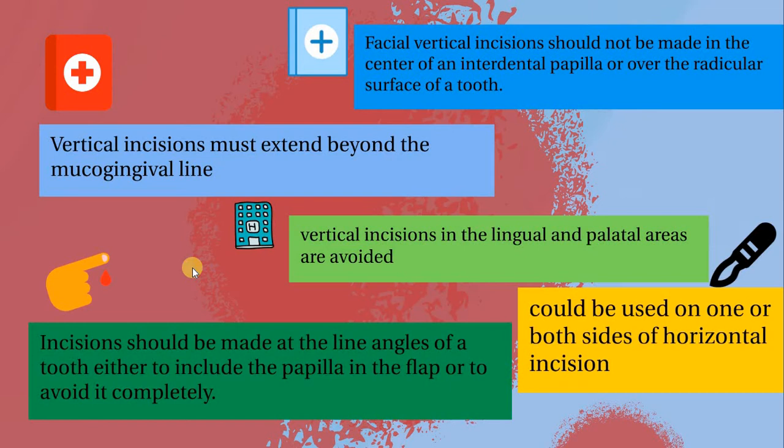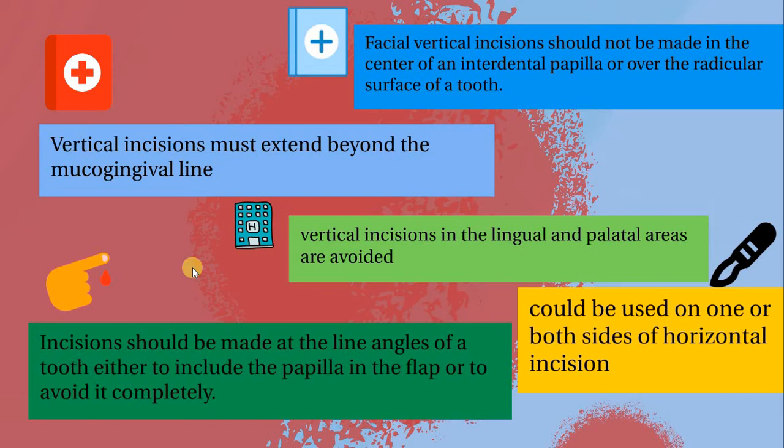You shouldn't do a vertical incision just on the attached gingiva. It should extend to the mucosa to be able to displace the flap in case you need it, and to put it in exact position.